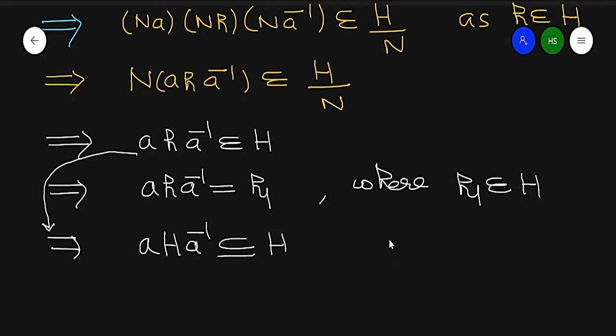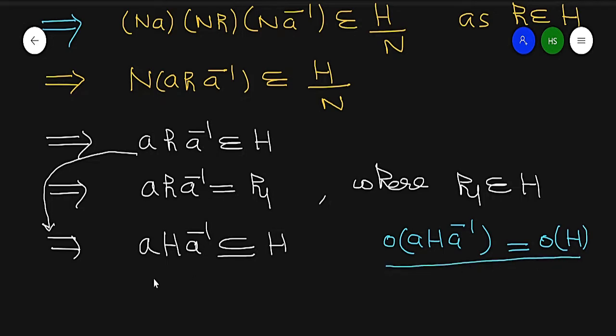Also, we know that the order of A H A inverse is equal to the order of H. So by the previous result, we know that this condition is satisfied. It is a subgroup of H. Also, they have the same order. If they have the same order, then both sets will be equal.